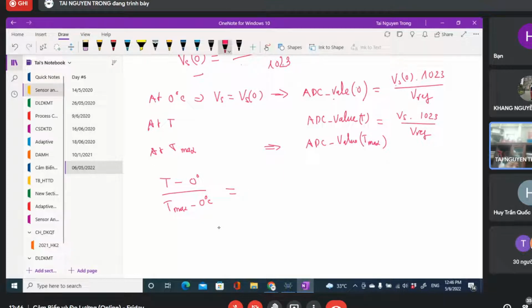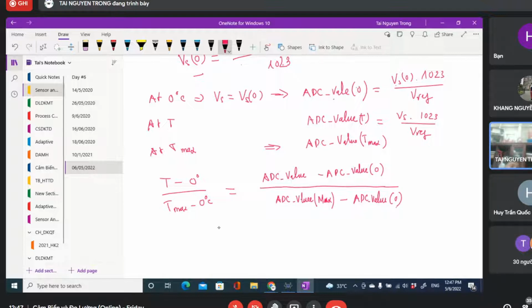It will be equal to the ADC value minus the ADC value at 0, divided by the ADC value at Tmax minus the ADC value at 0.